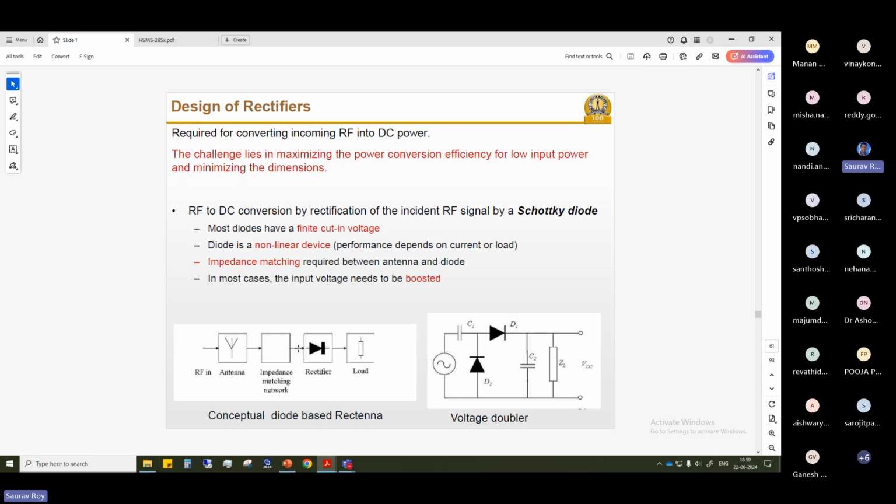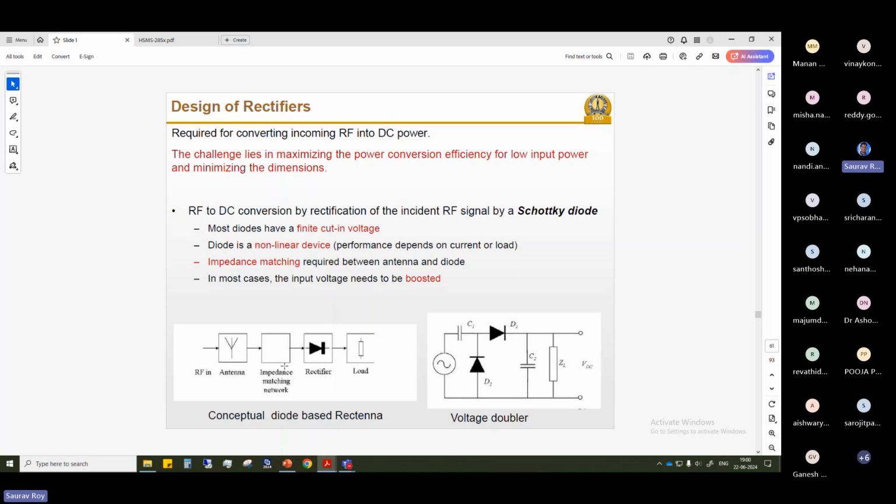You need an impedance matching network in between, which converts the complex load to 50 ohm. You need a conjugate matching: maximum power transfer happens when the matching network is designed such that the load and the source are conjugately matched.